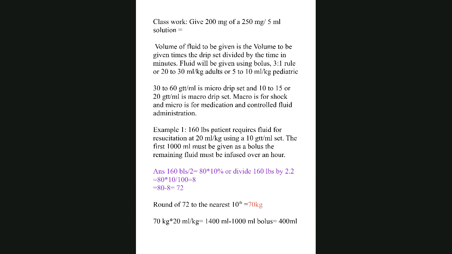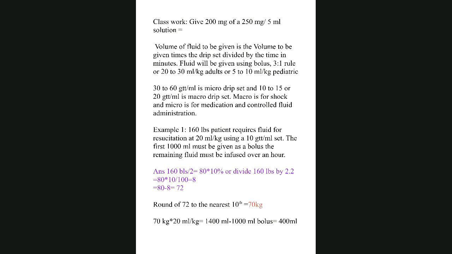So we're going to use the formula to infuse it, right? And using that formula, it is 400 mils times the 10 drops per mil drip set divided by 60 minutes. 1 hour is 60 minutes, right? So we have to convert that 1 hour to 60 minutes, and then we'll work it from there.